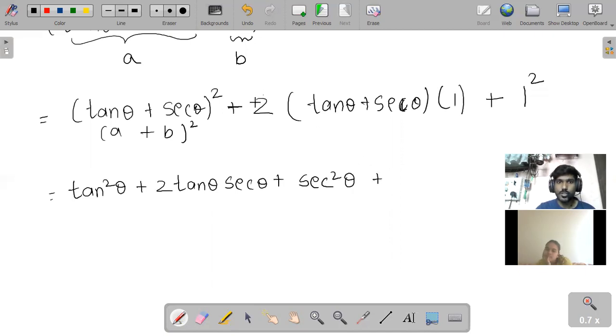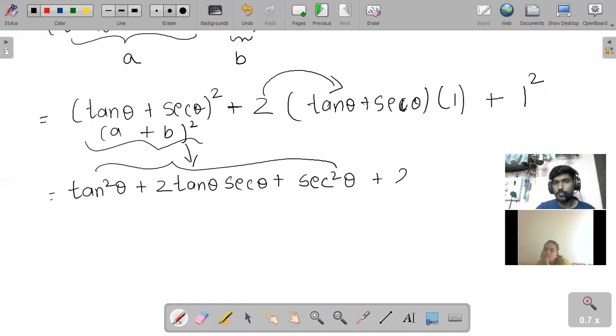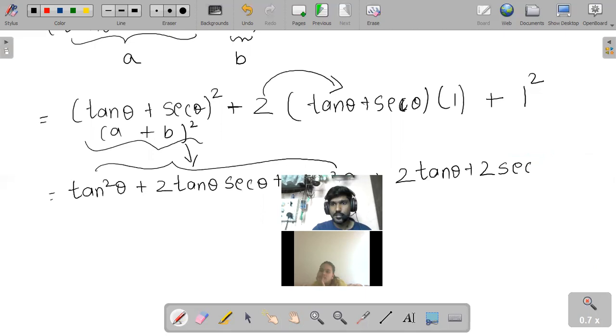And this 2, you multiply inside the bracket. So you'll have 2 tan theta plus 2 sec theta.